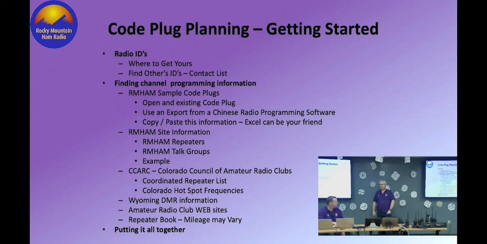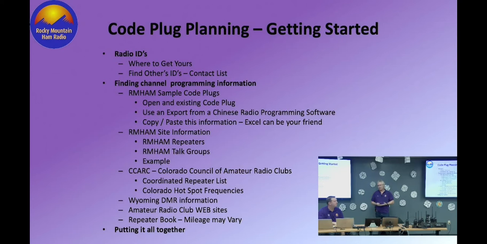One of the things that you'll need is the radio ID. I'm going to go through where you get yours. Where do you get the channel information? What are some of the sources that we have here in Colorado to say, hey, where do I start? How do I get the information? I've got the method that I use, and I will present it.